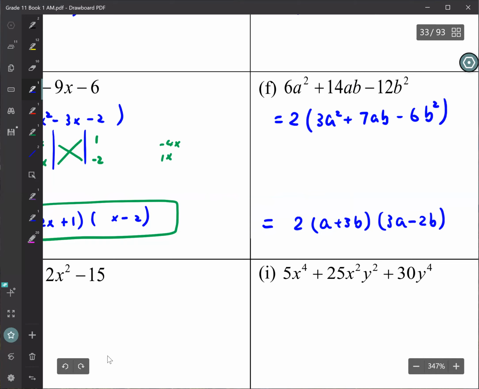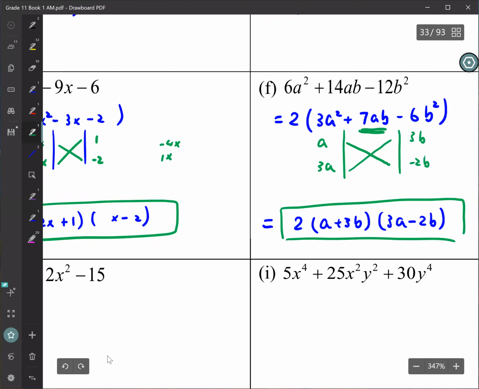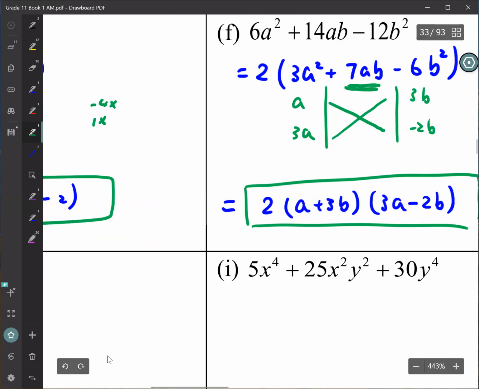Based on your answer, it looks like you pick a and 3a, right? Let's see if it works. And then 3b and negative 2b. If you cross multiply, that gives you 9ab minus 2ab, that's 7ab. Looks good. And you double check inside the brackets, no more GCF.